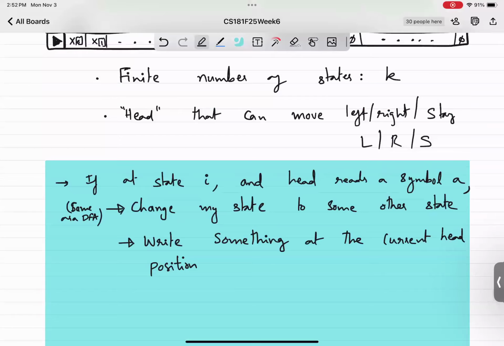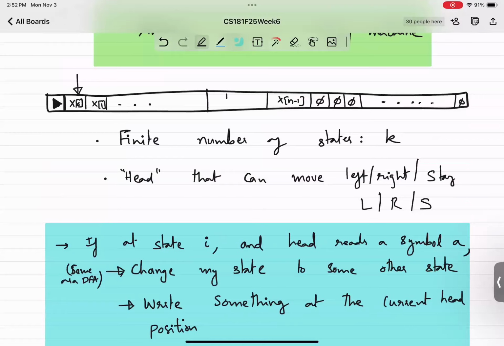So for instance, let's say at some point my head is pointing here. I see my state is state number 17. I read a bit 0. It says jump to state number 19. You go there. But then I am allowed to rewrite what is written.